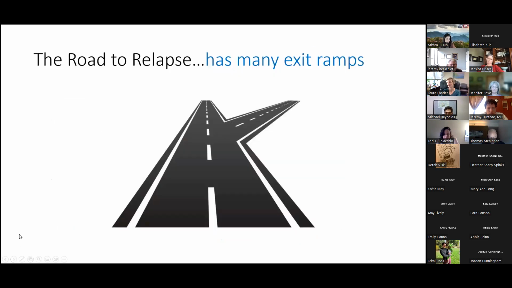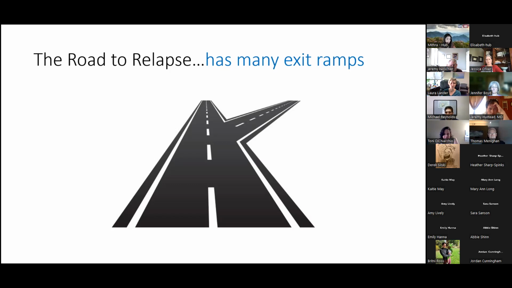And this is just a visual that I like, although I wish it had multiple exit ramps, but I couldn't find one with multiple exit ramps. So we talk about how there are lots of opportunities to get off the road to relapse before you actually pick up. Again, that idea that relapse is a process and not an event. And there are all kinds of exit ramps.